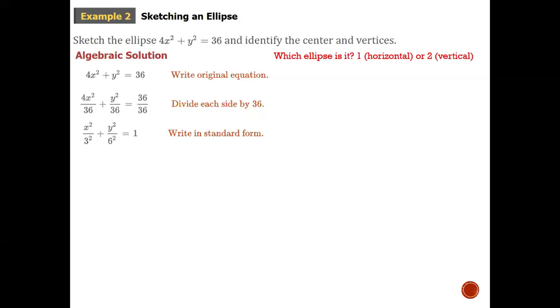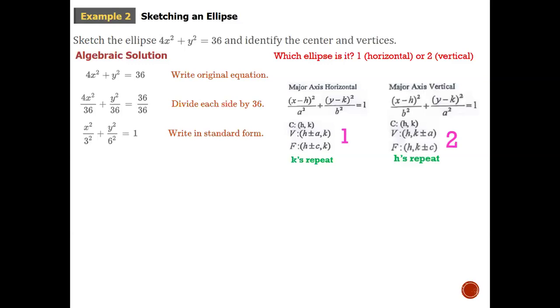So 36 is the bigger number. Since 36 is the bigger number, my A squared is below the y squared. So what that means is that my major axis is on the y.